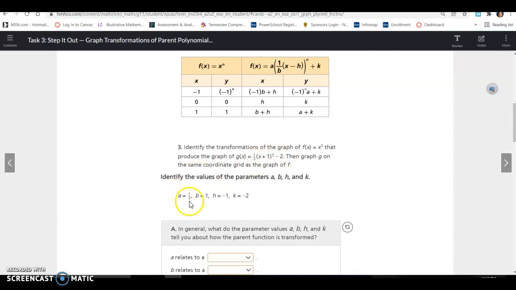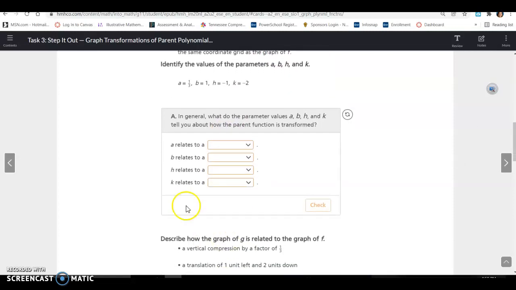So a is 1/3, b is 1. If there's no b, it's just assumed to be a 1, just a placeholder. And then h would be -1, because remember it's opposite, so the plus 1 would actually be a -1, and then k is -2. So those numbers come straight from the equation given.